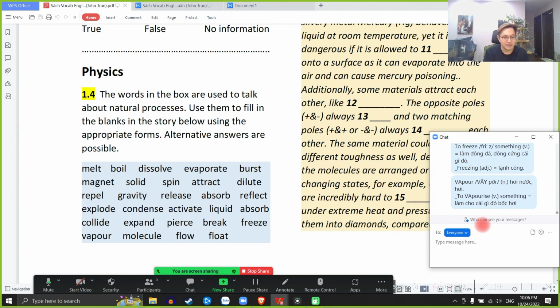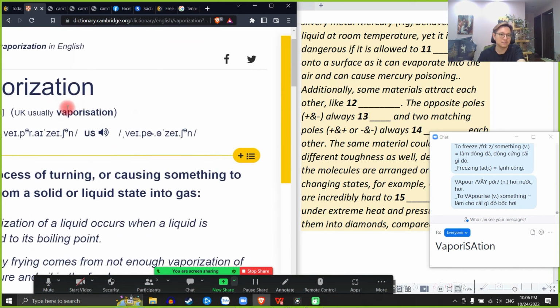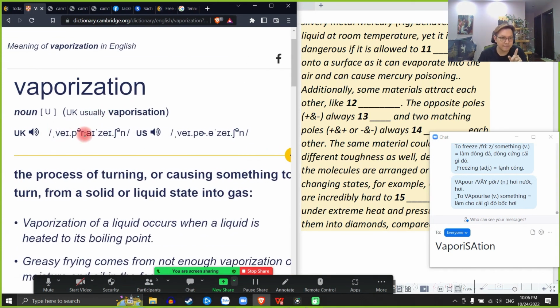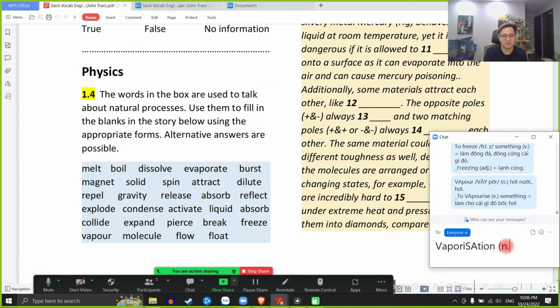And the noun form is vaporization. Vaporization, sự bốc hơi nước, sự bốc hơi luôn.